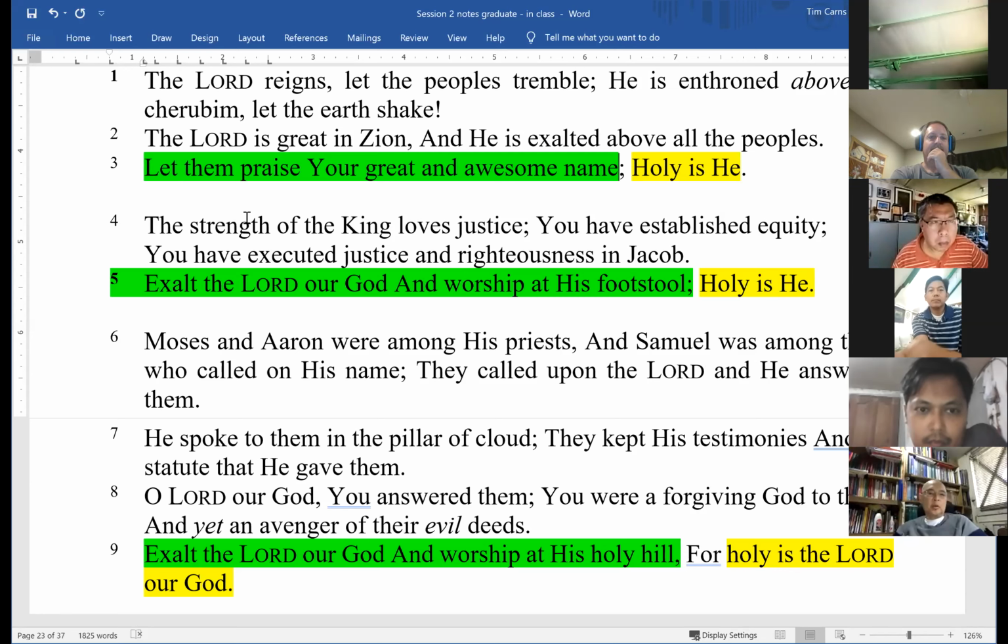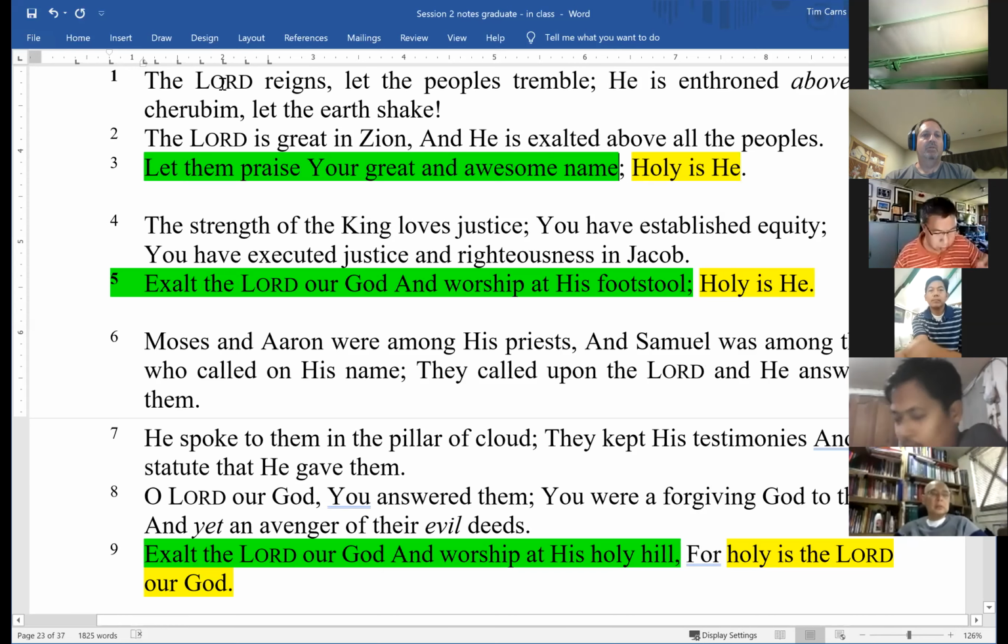There's a command to do something, to praise, to exalt God. Yes. And then notice verses 1 and 2. The Lord reigns. Let me try to pick another color here. The Lord reigns. Let me highlight this in gray. He is enthroned.